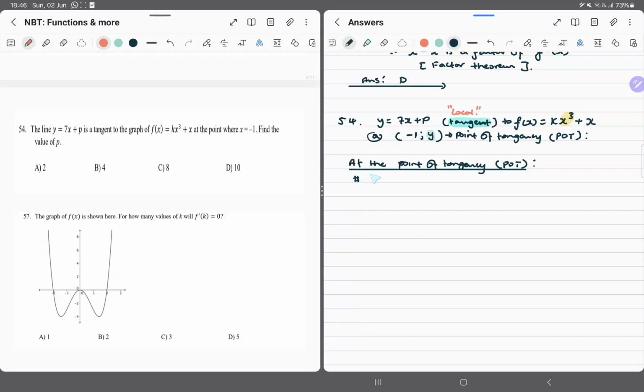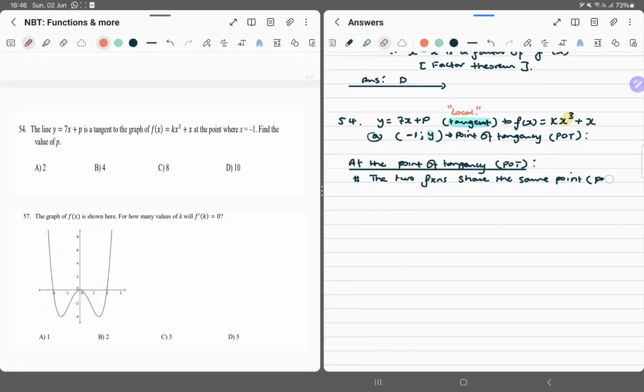One, the two functions share the same point, which is the port.